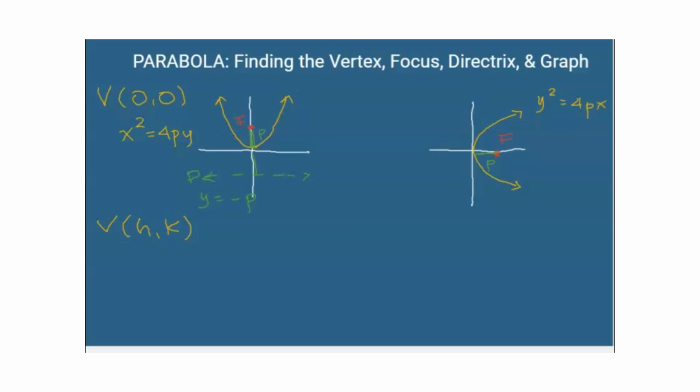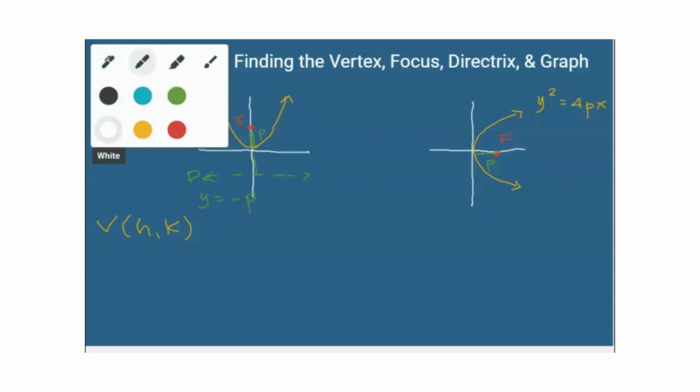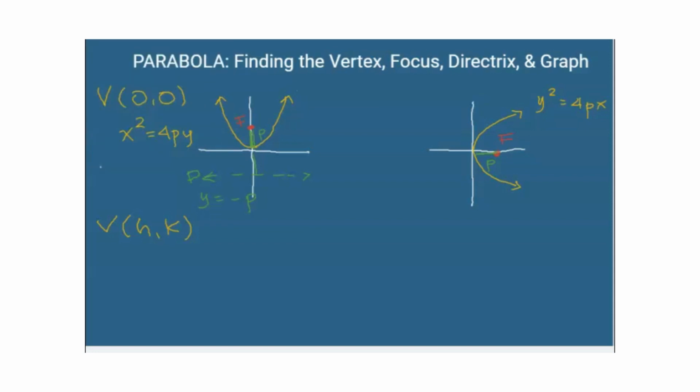So if p is positive, the parabola opens upward. If p is negative, the parabola opens downward.